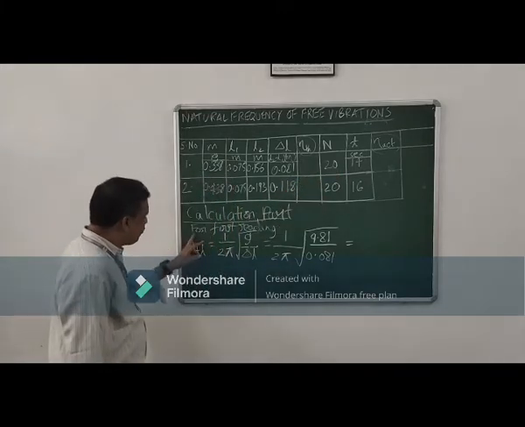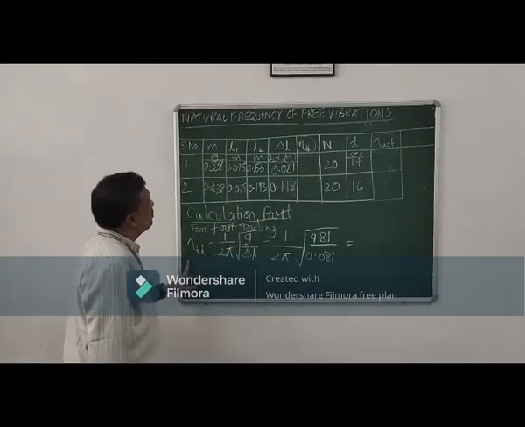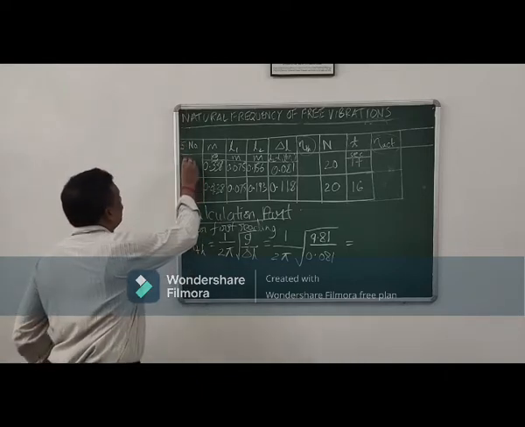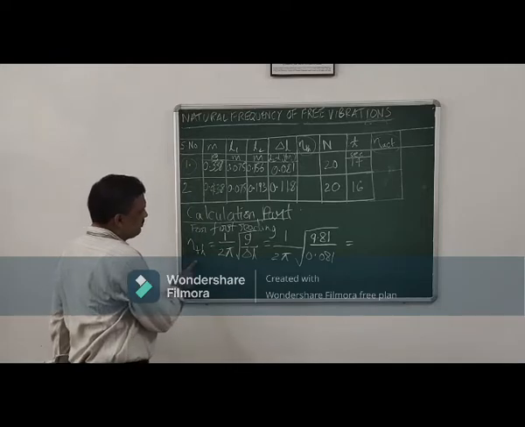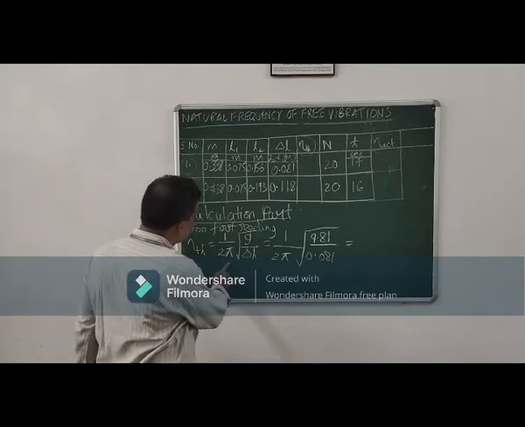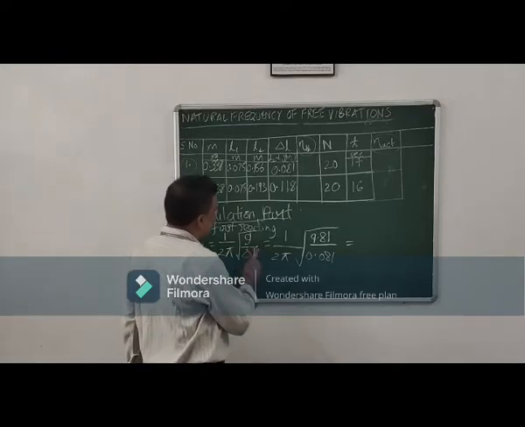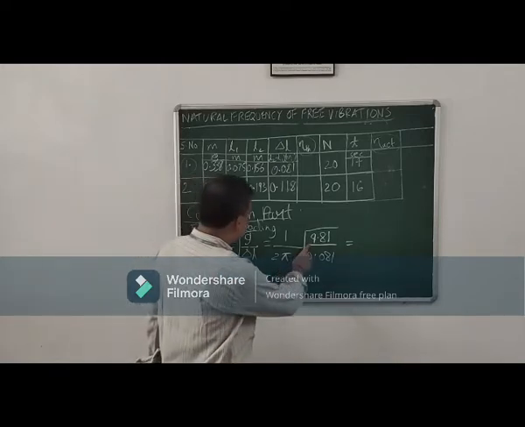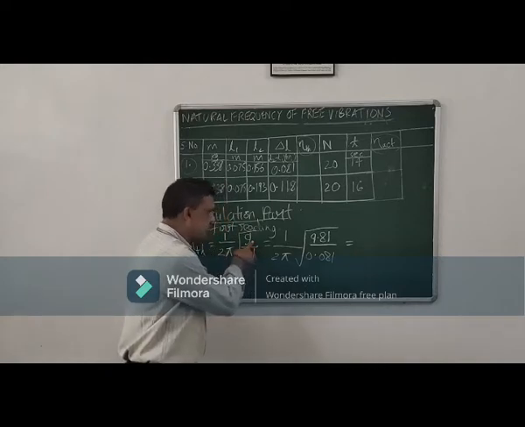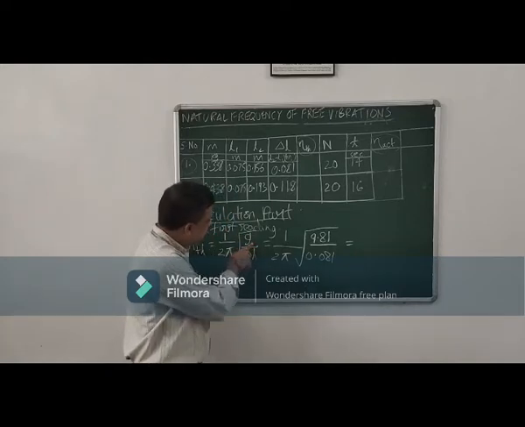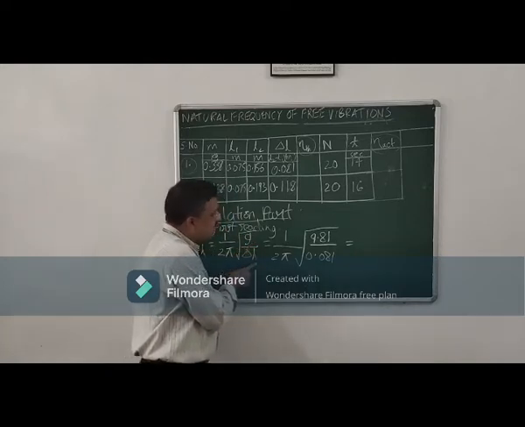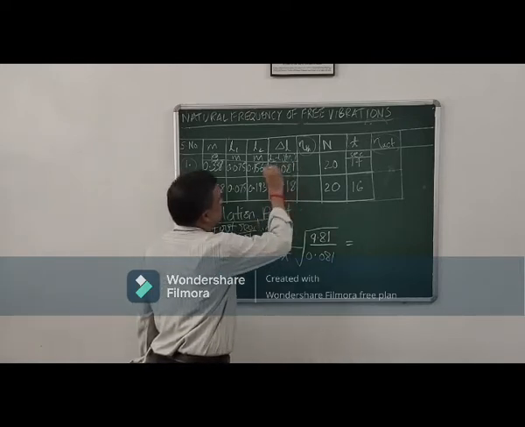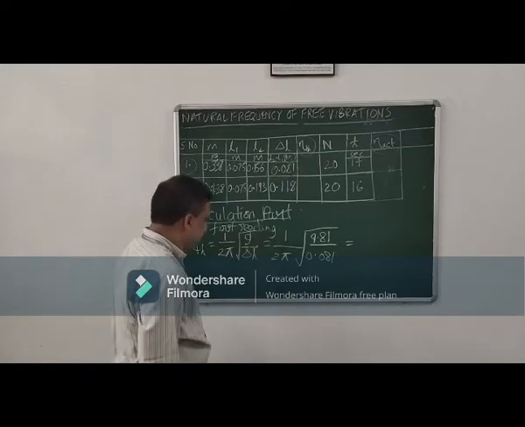Now for serial number 1 reading, we have to calculate the theoretical natural frequency. The formula is 1 by 2 pi root over g by delta L. We substitute g as 9.81 meters per second square, and delta L is 0.081 meters, that is the static deflection.